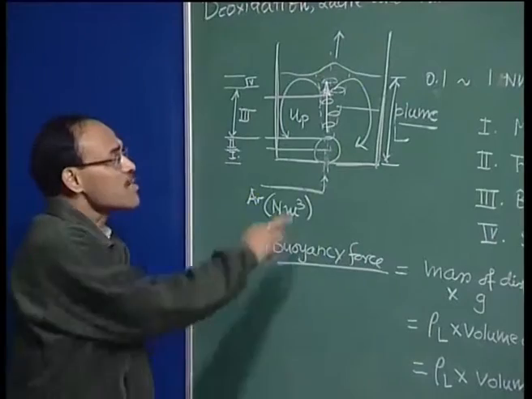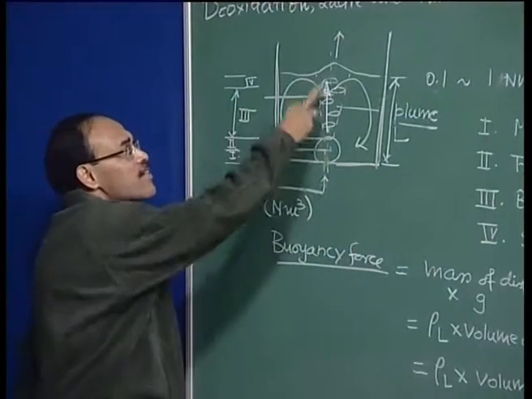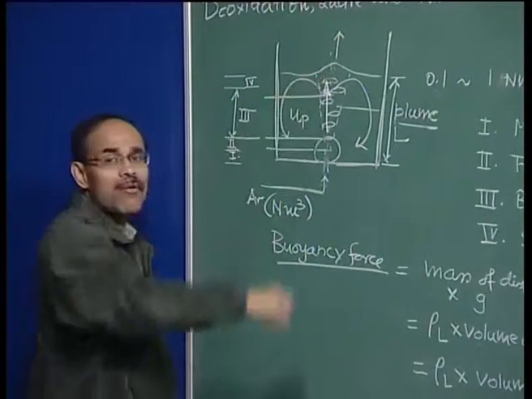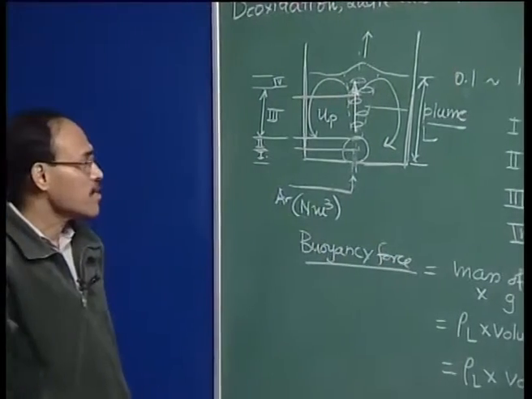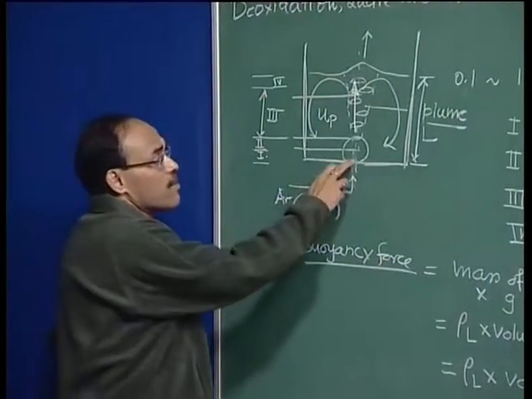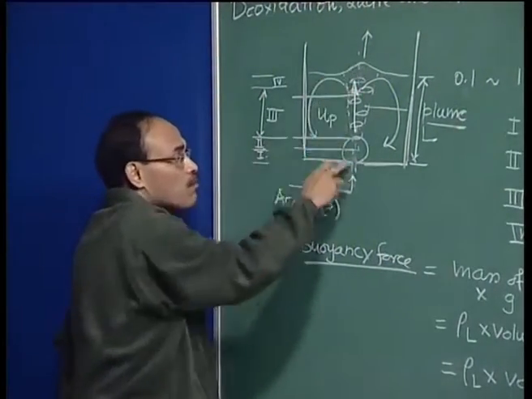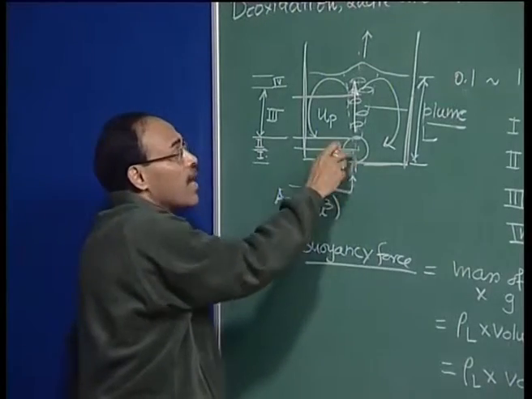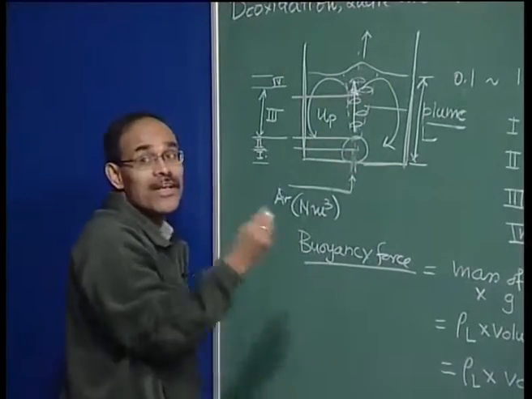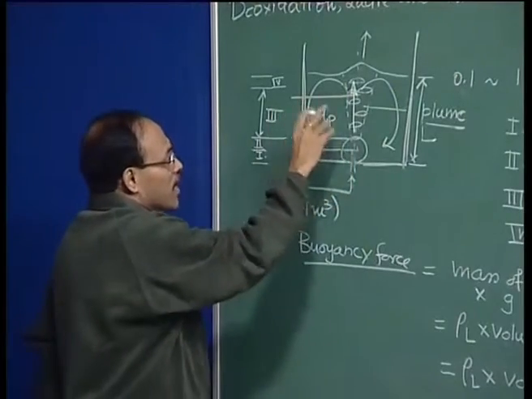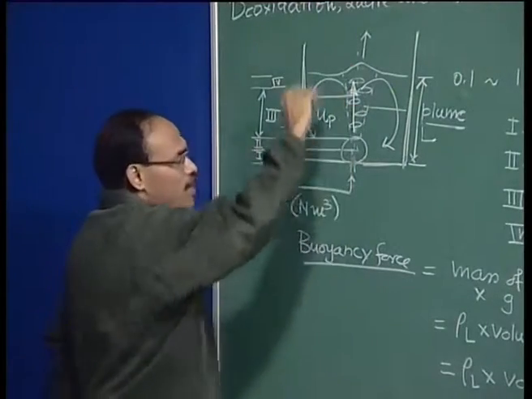So the gas temperature here could be 600 degrees centigrade. The moment the gas leaves here, the temperature could be about 1200 to 1300 degrees centigrade. On the other hand, here the total pressure, atmospheric plus ferrostatic pressure, is very high, and as the bubble rises through the liquid, the ferrostatic pressure gradually decreases.